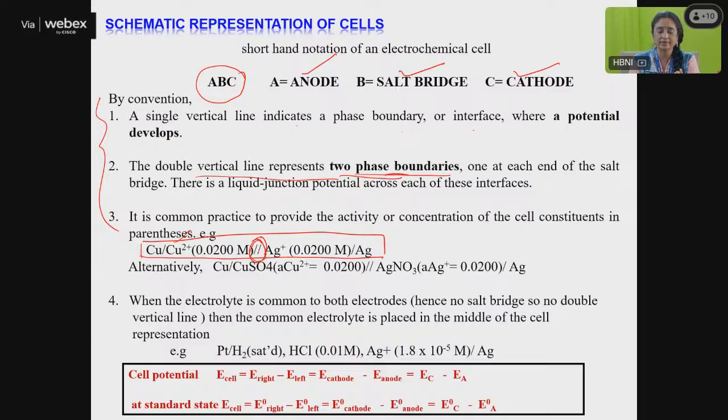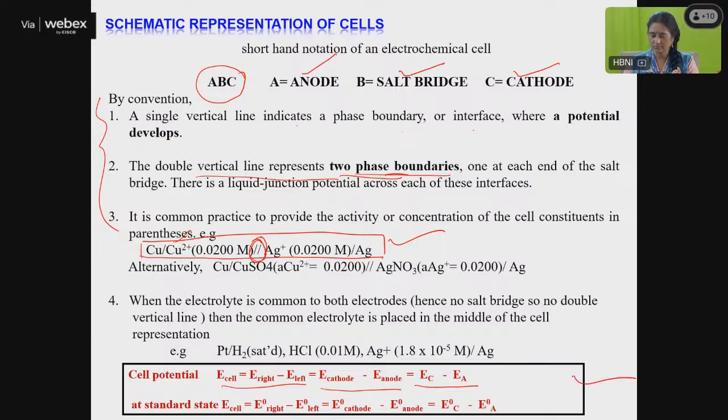So whenever it is there, a salt bridge is present. This is a typical representation: the anode on the left side, the cathode on the right side, and in between the salt bridge. The cell potential is E right minus E left, or E cathode minus E anode. These are all the representations.